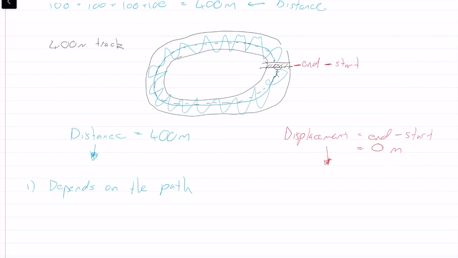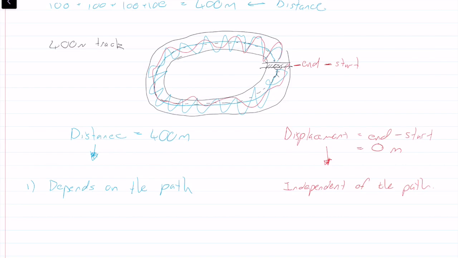But displacement is independent of the path. Even if I ran like this, I ended up at the same position, so my end minus my start is 0, so it doesn't matter.